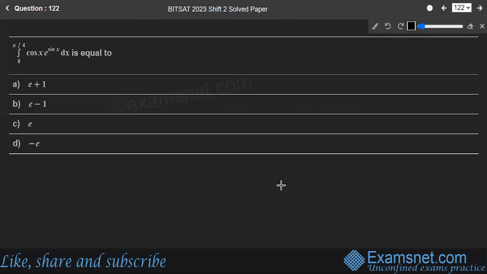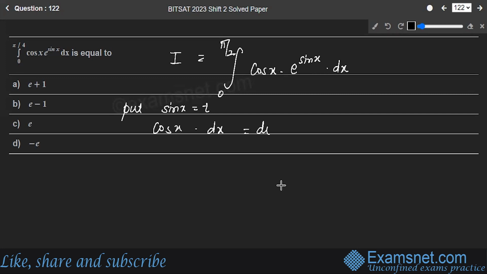Integral with limits 0 to π/2 of cos x · e^(sin x) dx. Let's say this is some I. Let's put sin x = t. You will have cos x dx = dt. When x approaches 0, t will approach 0, and when x approaches π/2, t will approach 1.